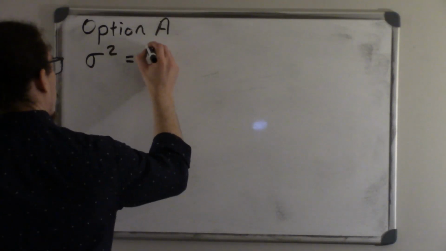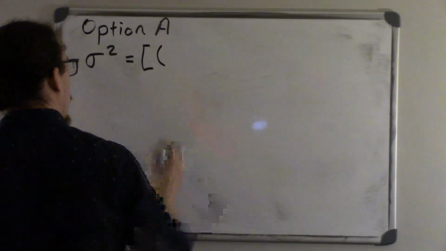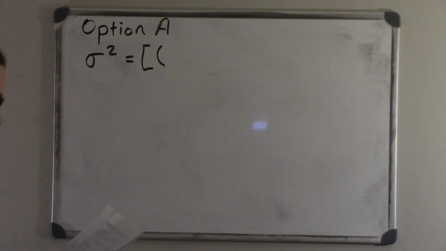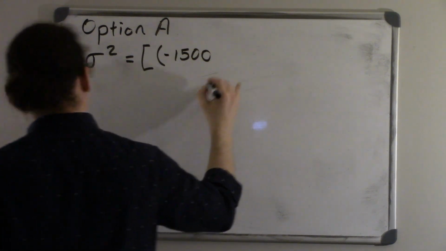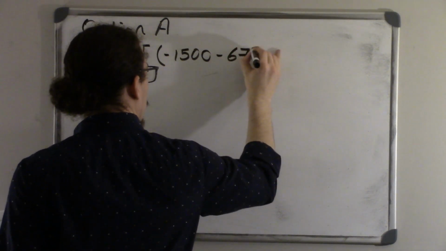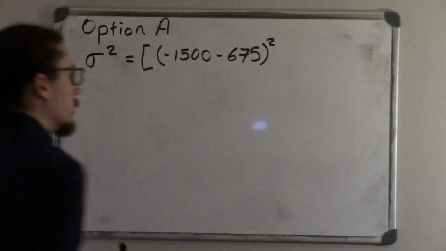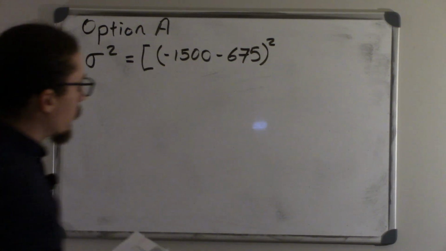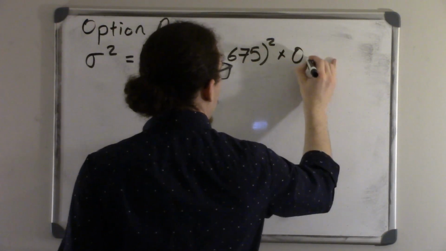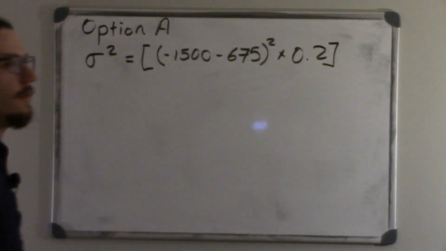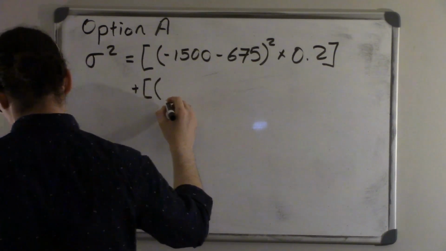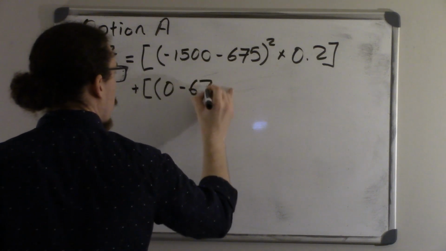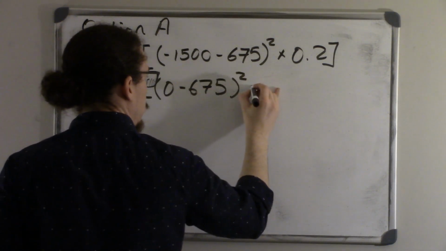The first thing we're going to do is take our first possible outcome, which was negative 1,500 for option A. We're going to subtract our expected value, which was 675, square it, and then multiply that by the probability of negative 1,500. Then we're just going to do this for the other four possible outcomes.